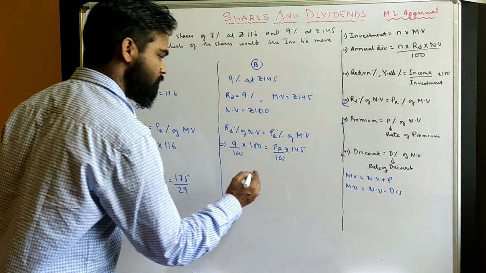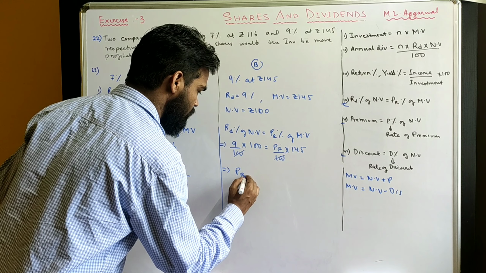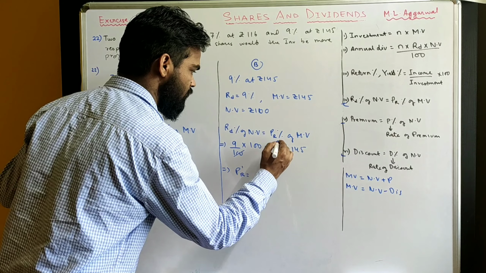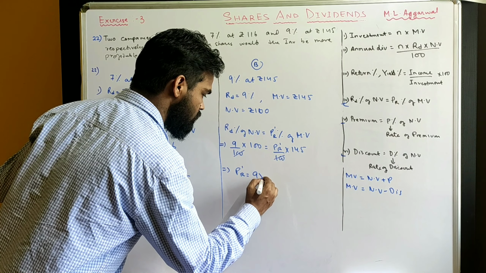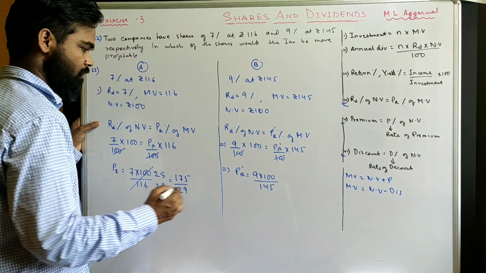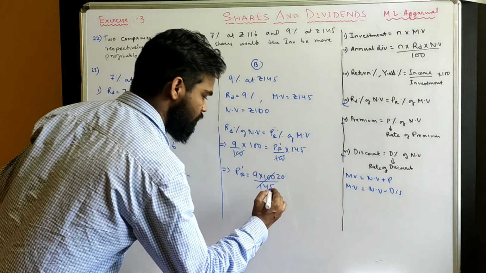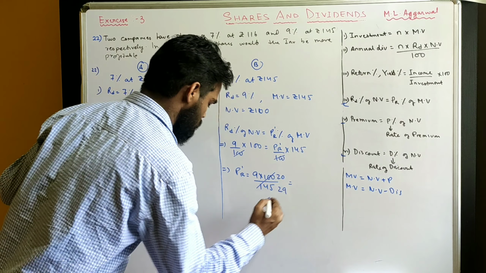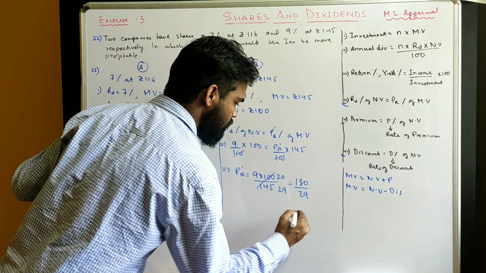Am I clear? So in this case PR dash, or PR2 whatever, is 9 into 100 by 145. This cancels by 5, 20 times and 5 29 times. So we are getting 180 by 29.